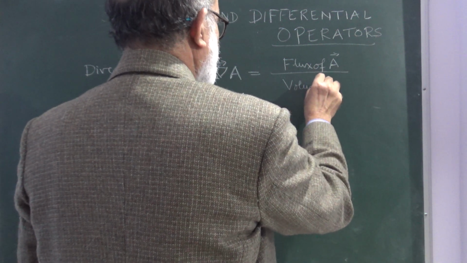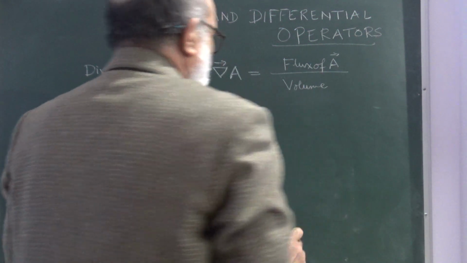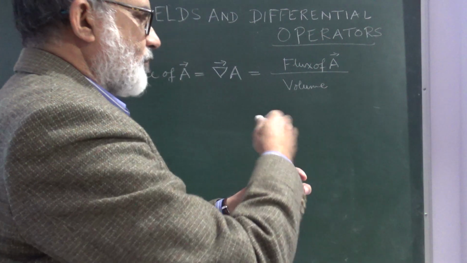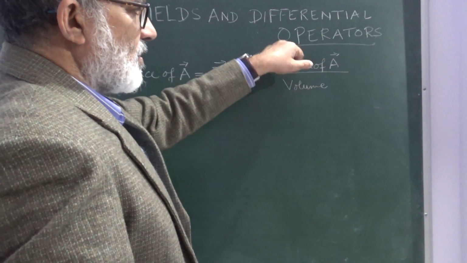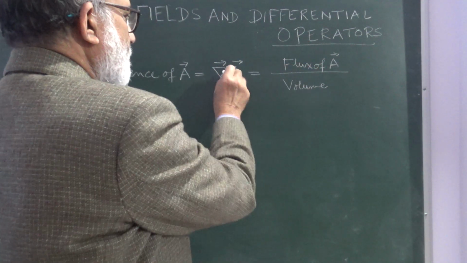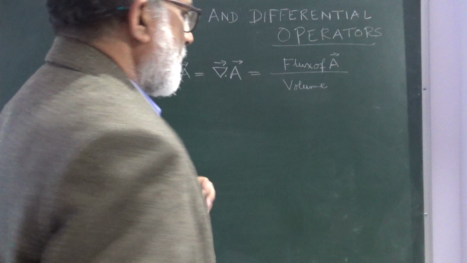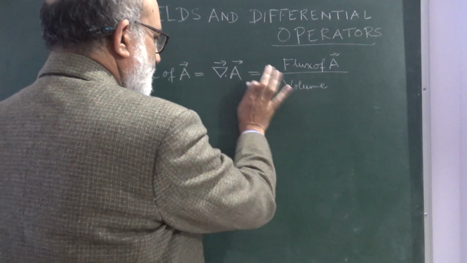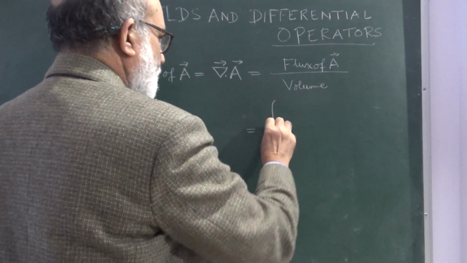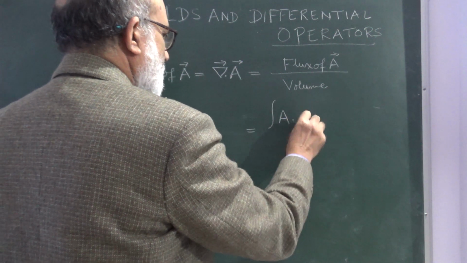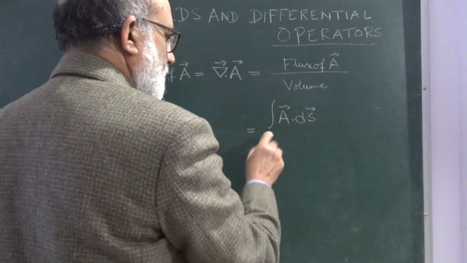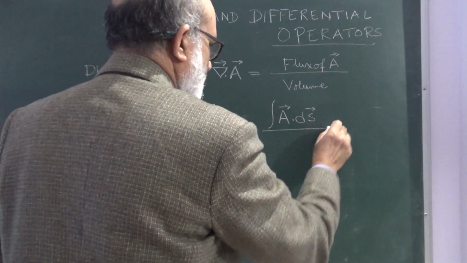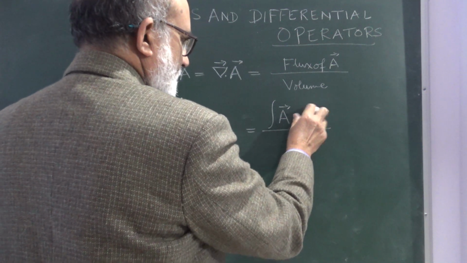You consider a small volume, and the flux of that field A per unit volume is called the divergence of A. This can be written as: flux of A means the integral of A dot ds, where ds is the small surface area, and this is the flux, divided by the volume.